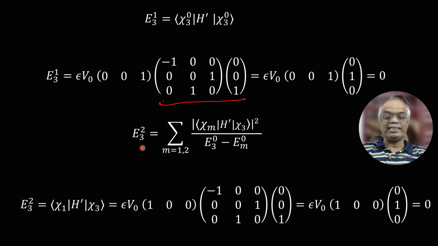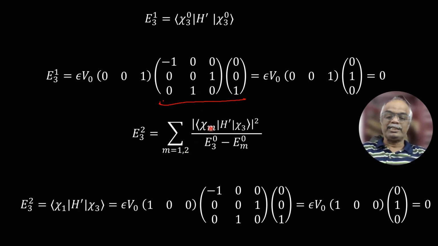What about the second order energy correction? It is not simple. We have seen in the theoretical lecture on degenerate energy level corrections, that it is the summation over m not equal to n. Here n is 3, so that means we have m equal to 1 and 2.